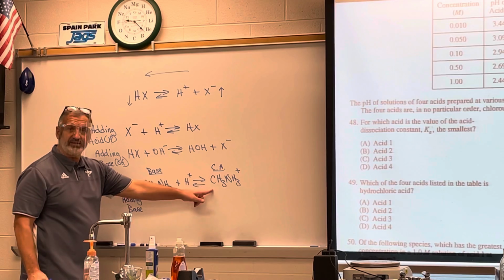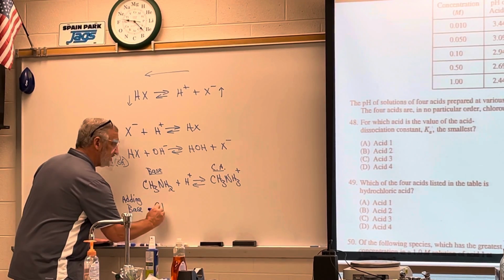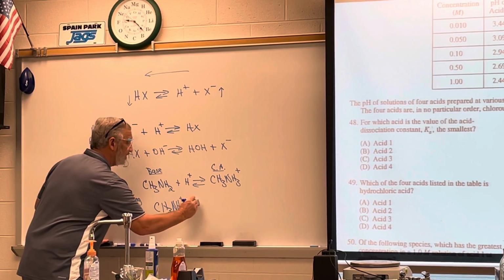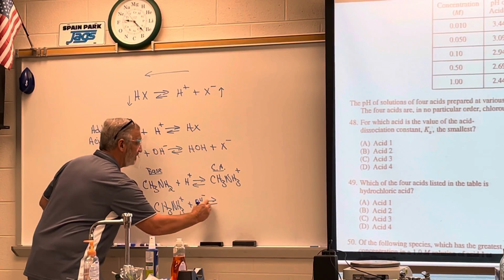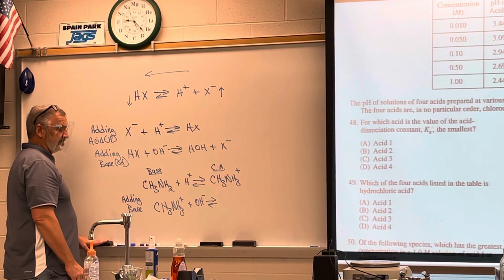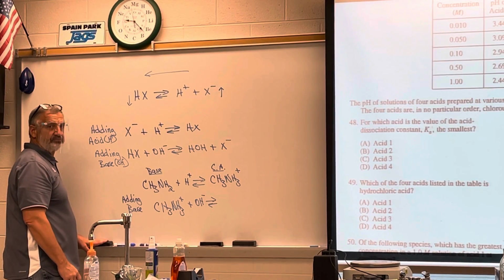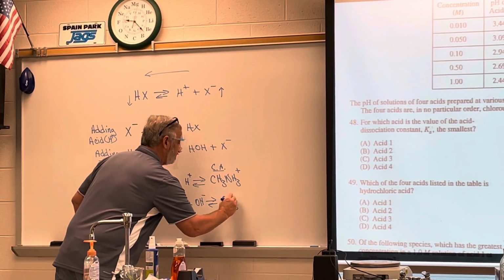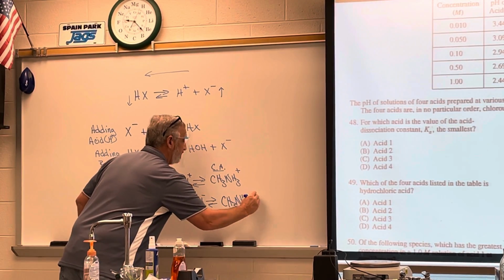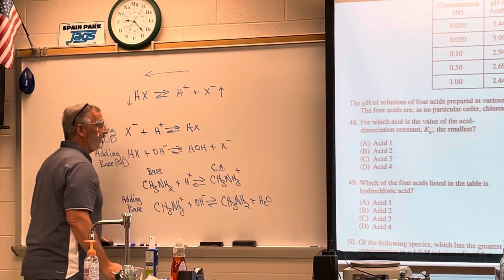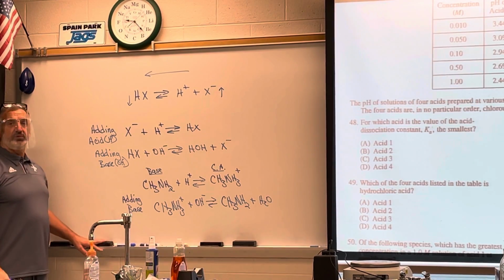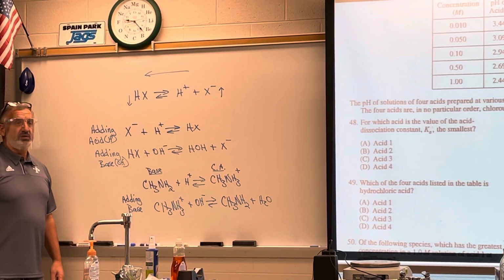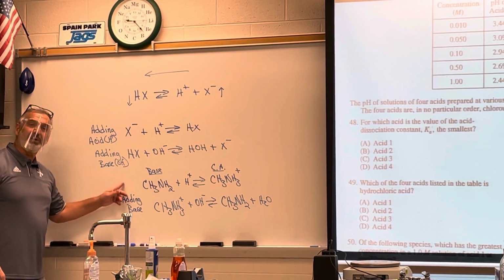The conjugate acid. So it's going to be CH3NH3 plus OH minus to make what? Water and CH3NH2. Yes, perfect. HOH or water. Now again, it doesn't matter which order you put these in. Does that make sense? We need to be able to write these equations.